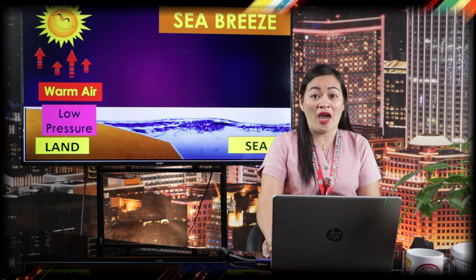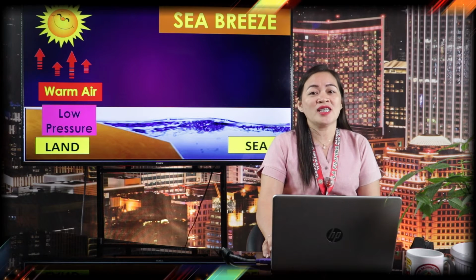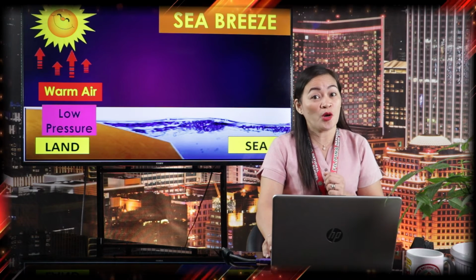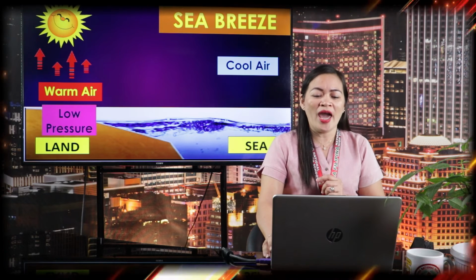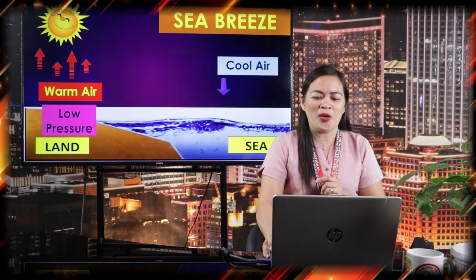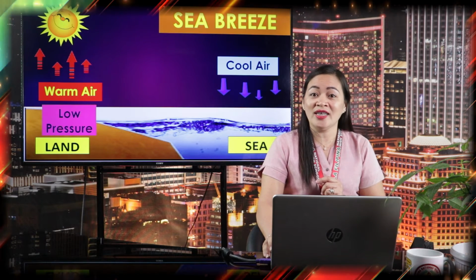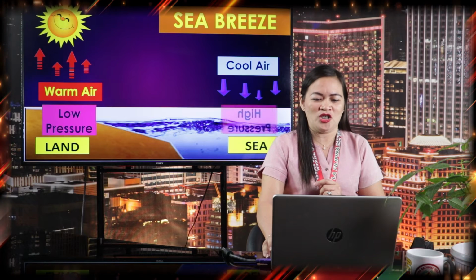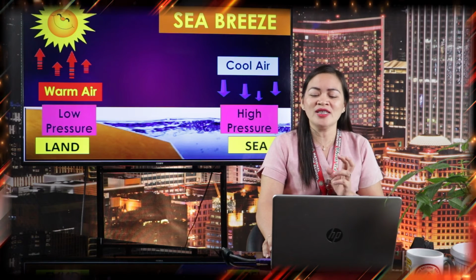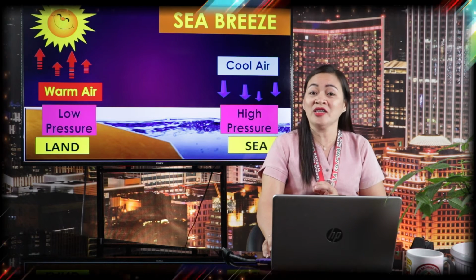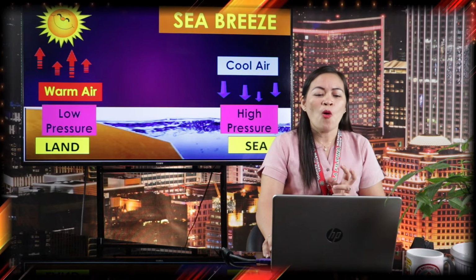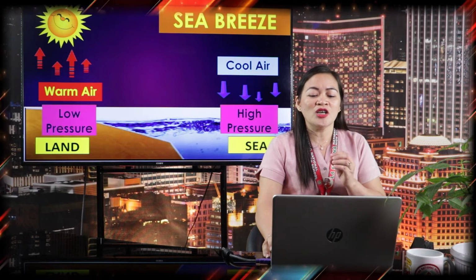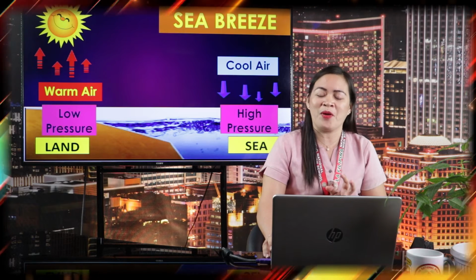How about the air over the ocean? Since it is slower in absorbing heat, it is cooler. Remember, cool air is denser, so it will sink, creating an area of high pressure. The difference in air pressure and air temperature creates a convection current. Since warm air rises, the cool ocean air will replace it.